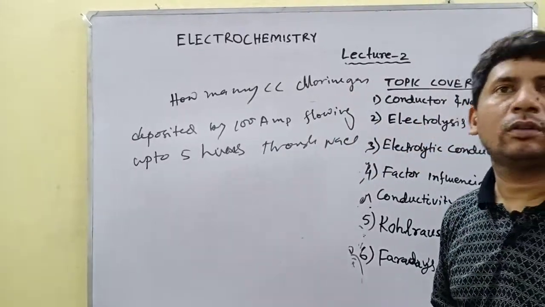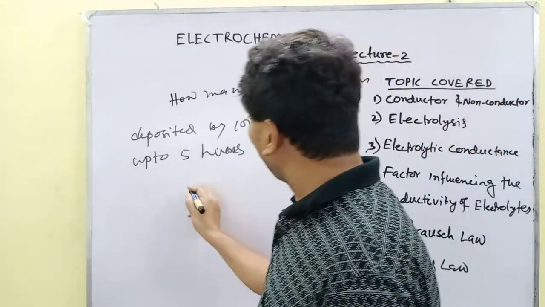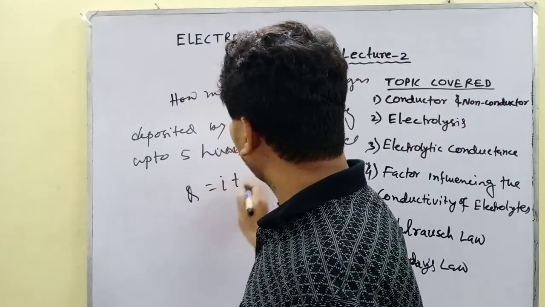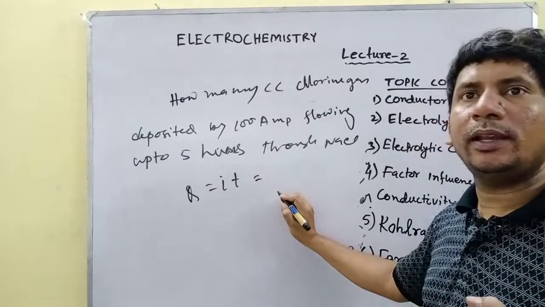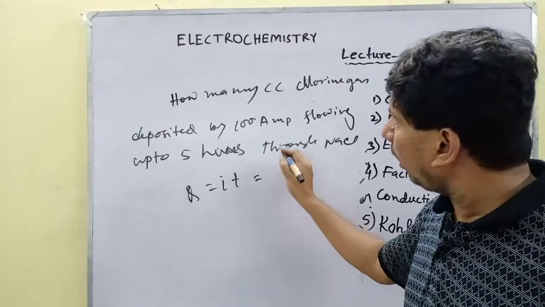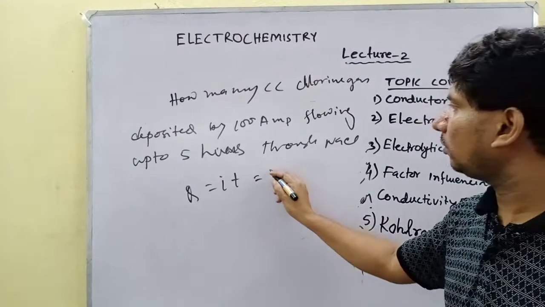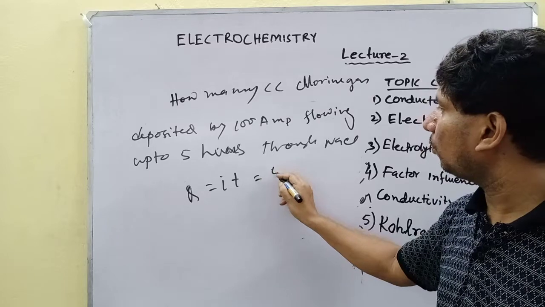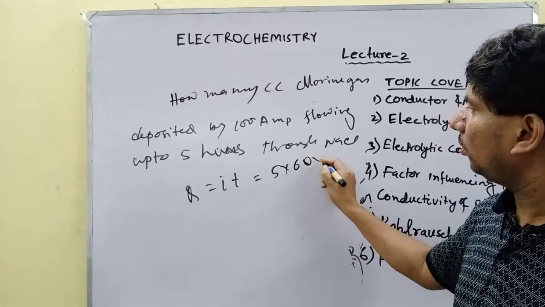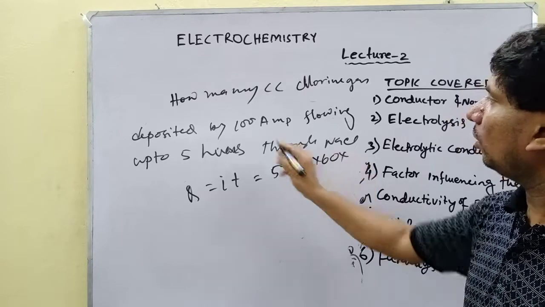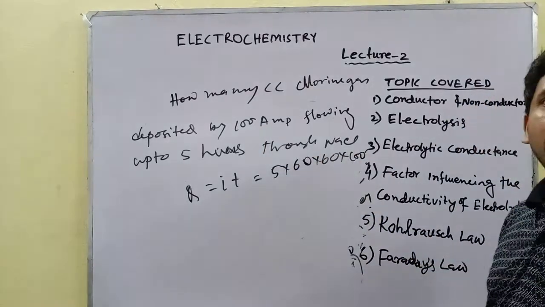NaCl solution. Okay, so we know Q equal to IT. I is 100, time is 5 hours, that means Q equal to 5 into 60 into 60 into 100. This is coulomb.